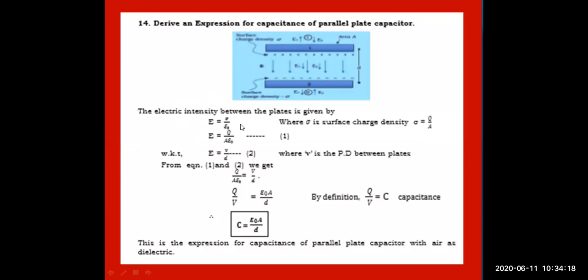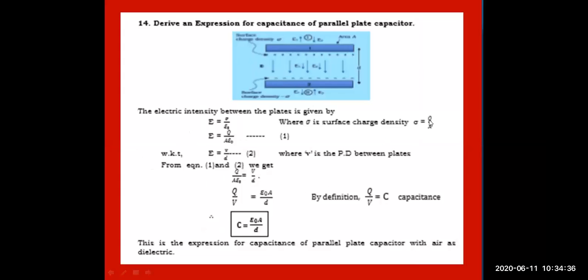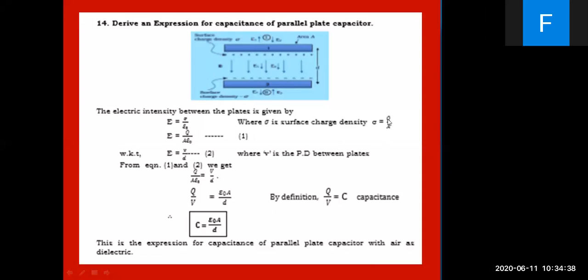That is your law in electrostatics, Gauss law. So E will be equal to sigma divided by epsilon naught. Sigma is your surface charge density. And for surface charge density, we have a formula: sigma equals Q divided by A. Q is the total charge and A will be your area of cross section.